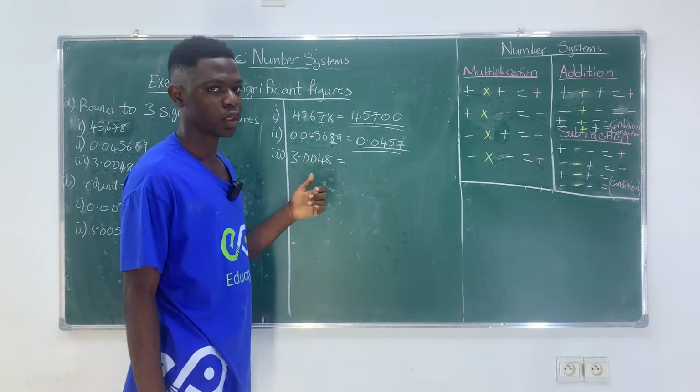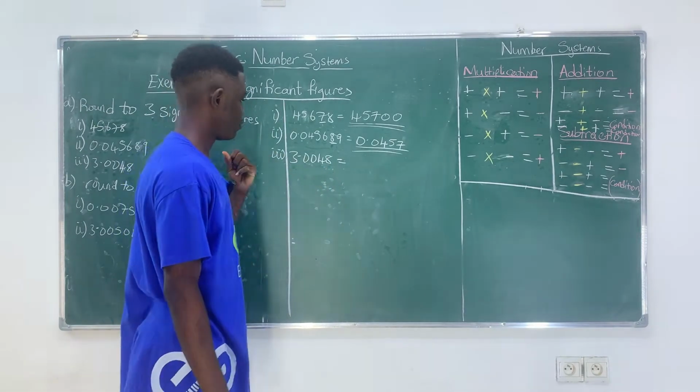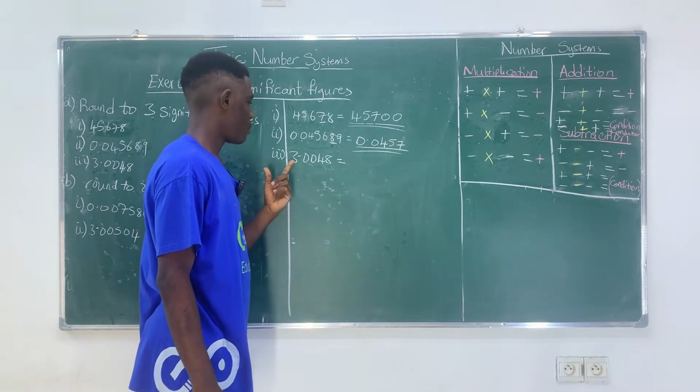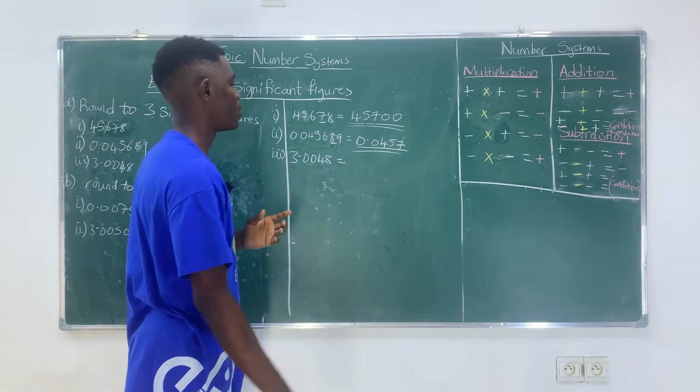I hope that was well understood, because in the previous video I did not emphasize on this. So 3.0048 has 5 significant figures.